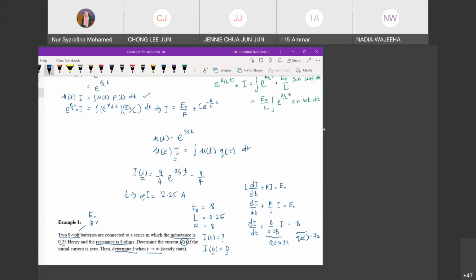Doctor, may I ask a question? Yes. From the L dI/dt equation, we divide all the terms by L, right? Yes, this one is L. Okay, so this one is also 0.25. Okay, thank you.